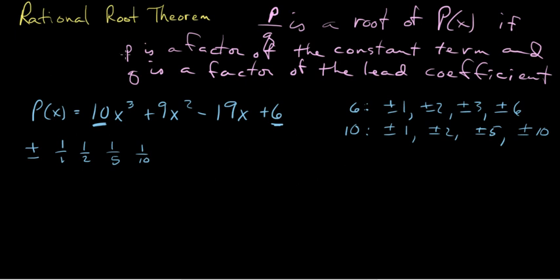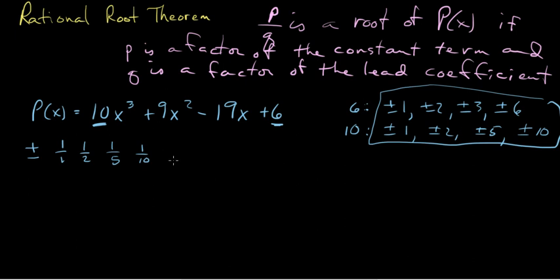Remember, the p is on the top, and that's a factor of the constant term. So I made one of the factors of the constant term on top, and all these 4 factors on the bottom. In other words, I'm creating all possible combinations with one of these factors on top and one of these factors on the bottom.